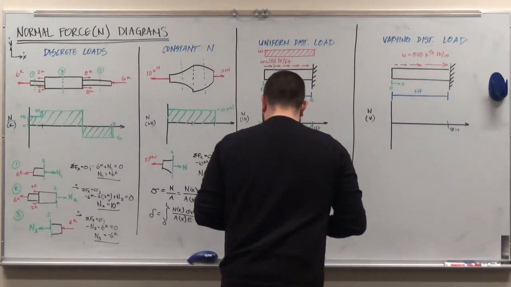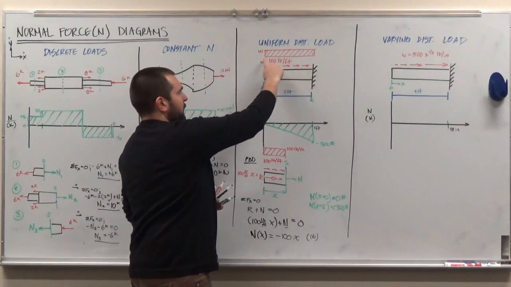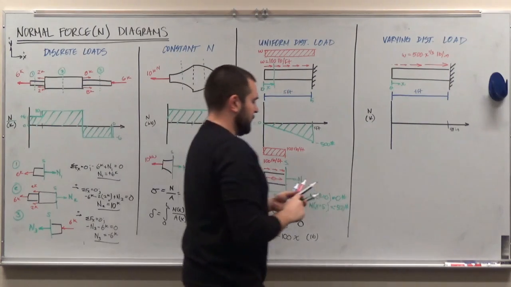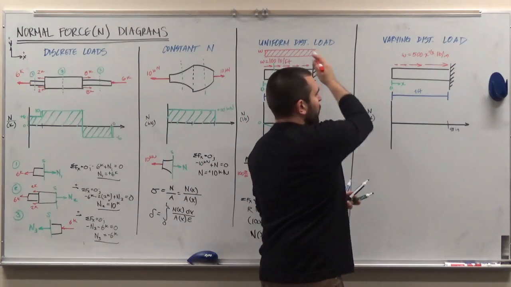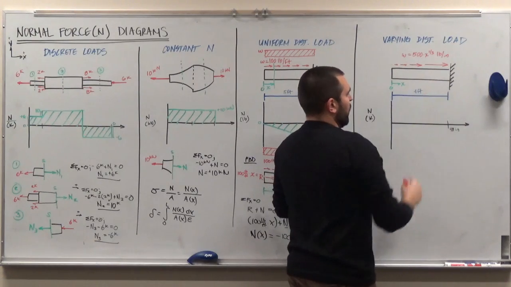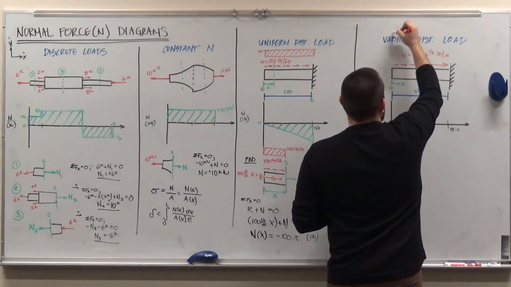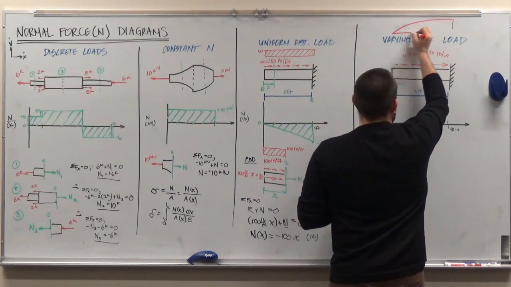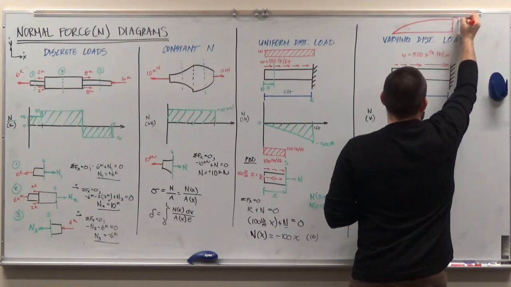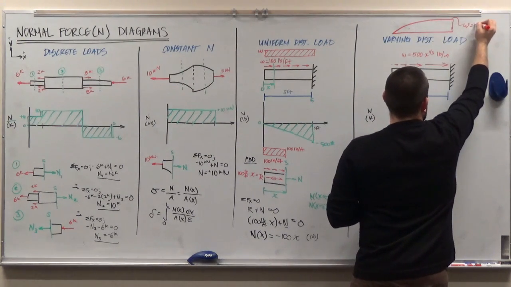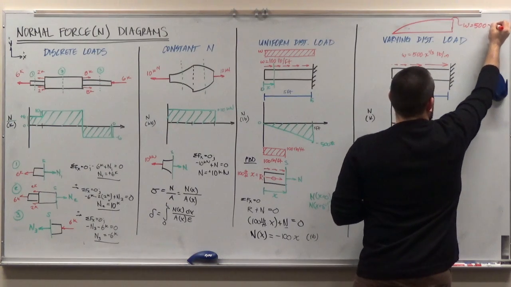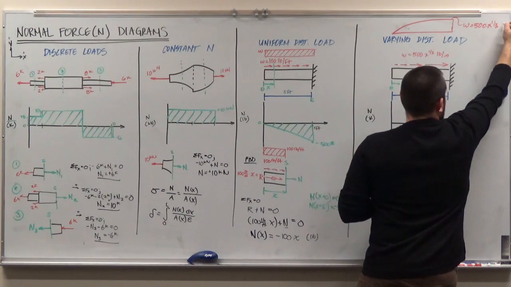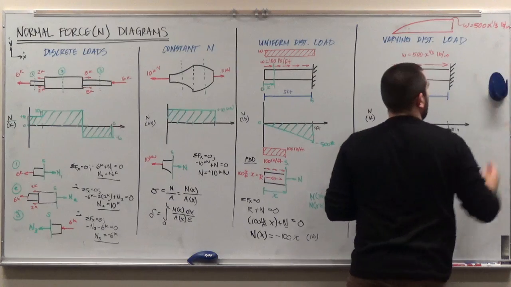And so, just like up here, I can draw a diagram of what w looks like. In this case, instead of being a rectangle, we have x to the 1/3 power. So my loading diagram is going to look something like this, where again, at any given point, w is equal to 500 times x to the 1/3, and it's in units of pounds per inch.